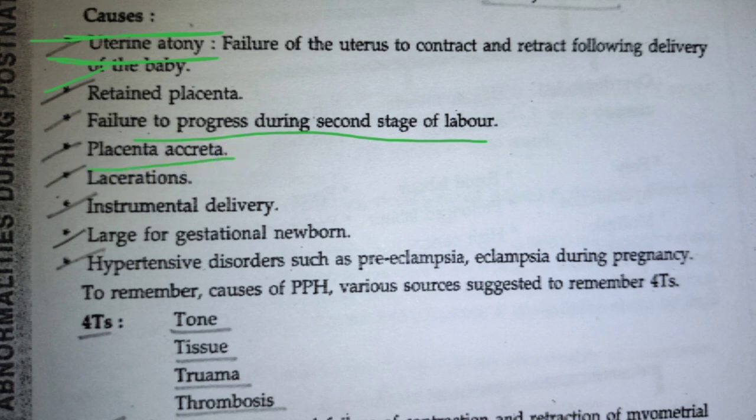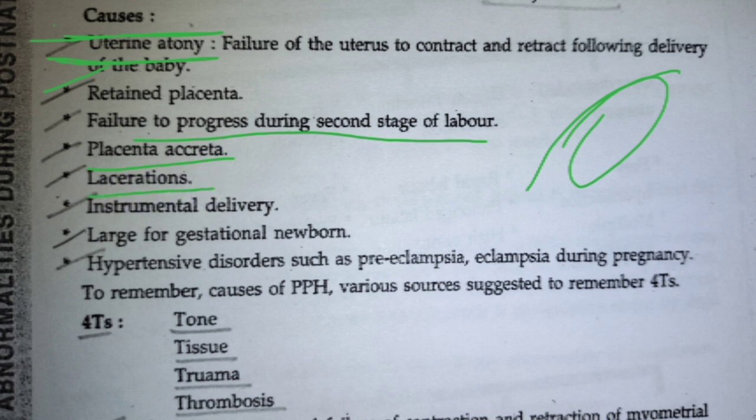Placenta accreta is the failure of separation of the placenta from the uterus. The placenta will get separated by itself after the delivery of the baby. But in some conditions, it might not get separated, and that failure is known as placenta accreta. Laceration is the injury and the scars.